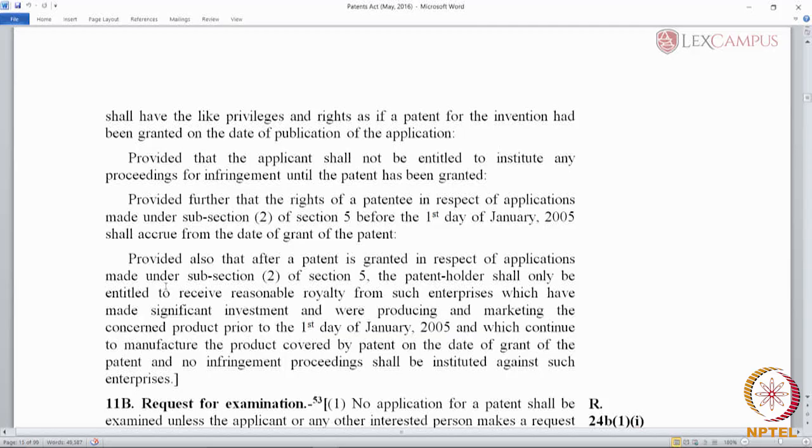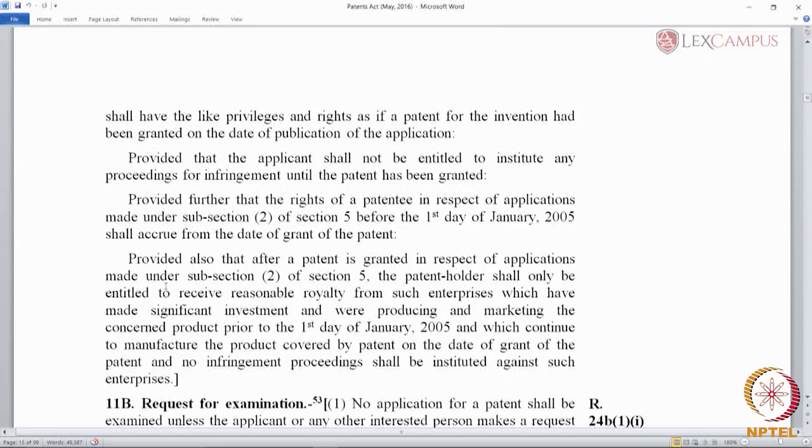So, of these two publications, the first publication and the second publication, it is only on the second publication, that is the time of publication of the grant, TPG, that you can file an infringement suit. So, the proviso makes it very clear, though some rights and privileges are granted at the first publication TPA, it does not mean you can file an infringement suit after the publication of the application.